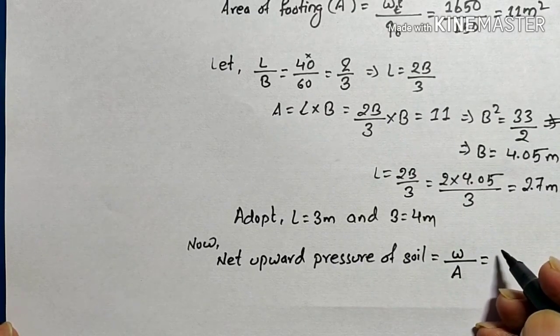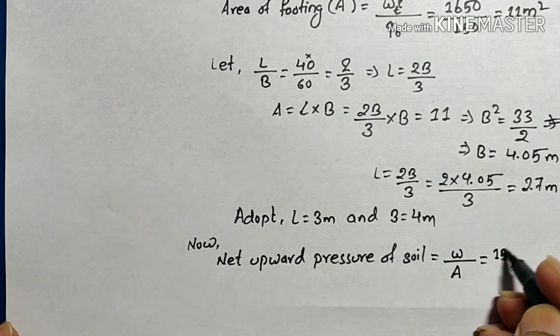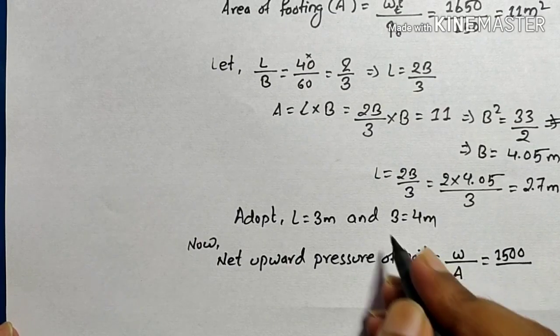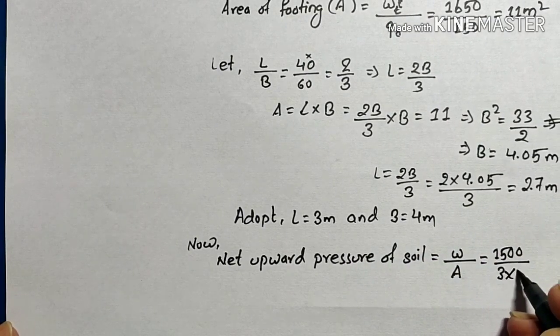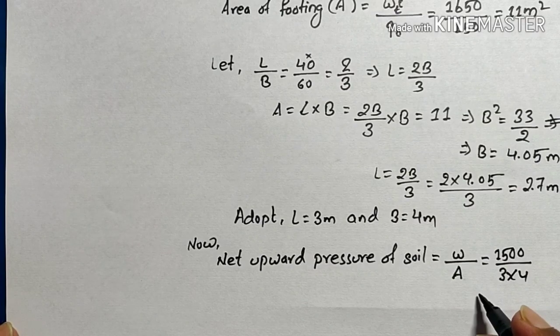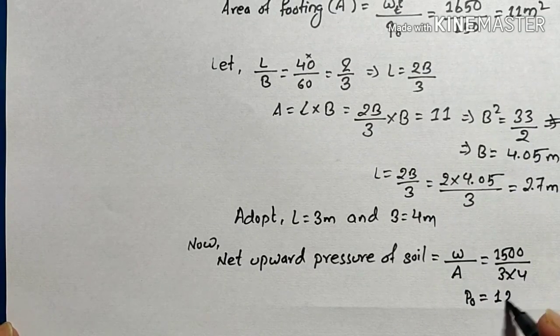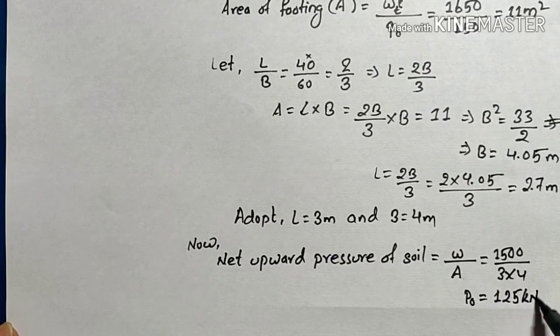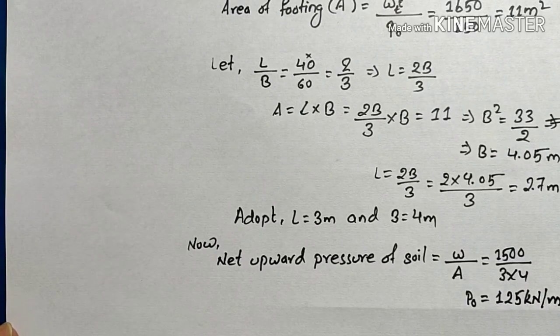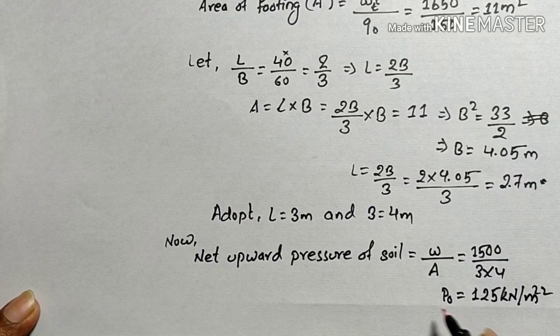The load coming from the column is 1500 kilonewton, divided by our area, which is 3 into 4. So we will have the net upward pressure P naught equals 125 kilonewton per meter square. Let's circle this.